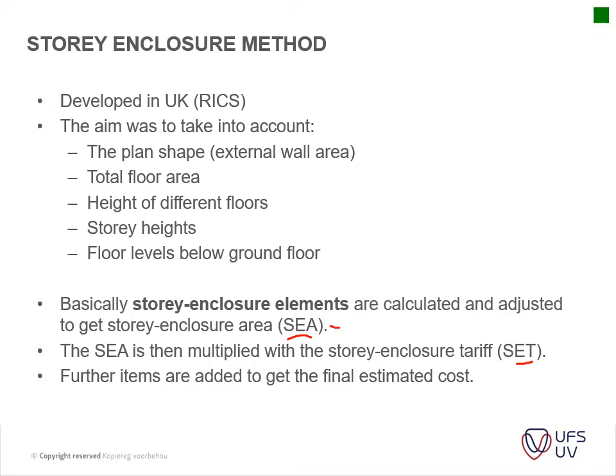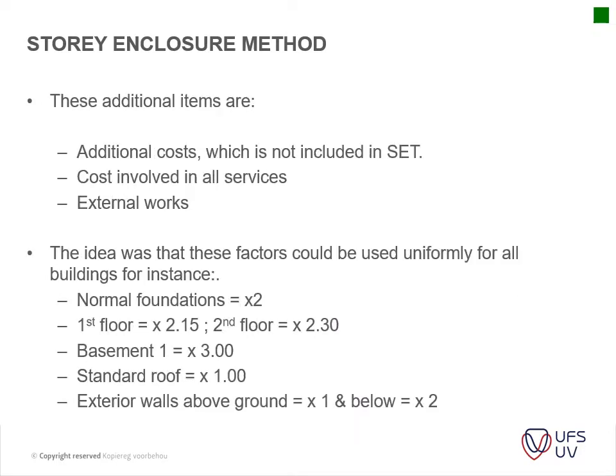Further items are added to get the final estimate, like your external works and any additional items specific to the design, etc. These additional items are additional costs that are not included in the tariff, such as costs involved in all services, external works, etc.